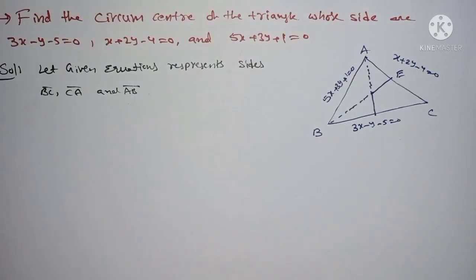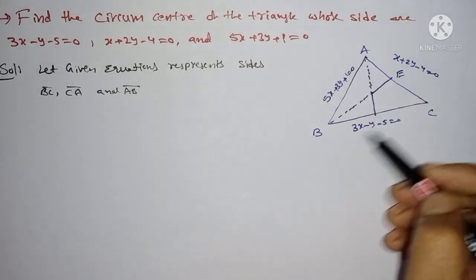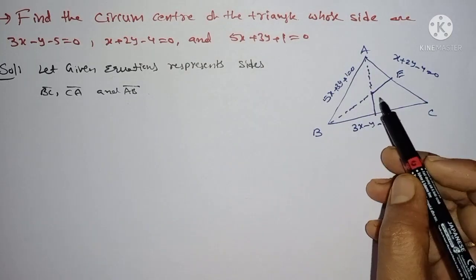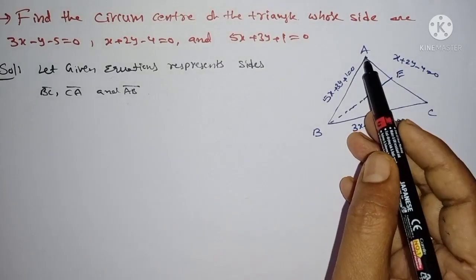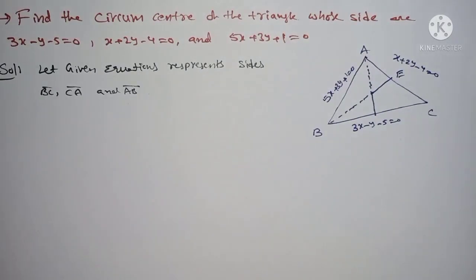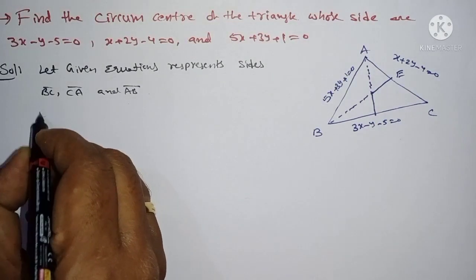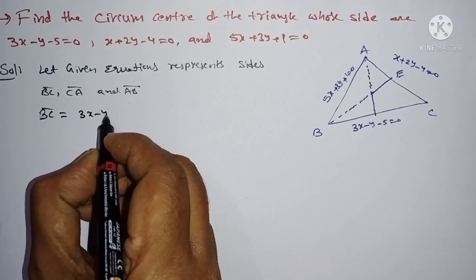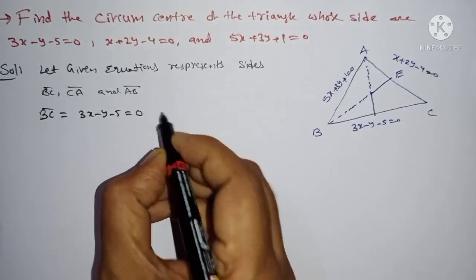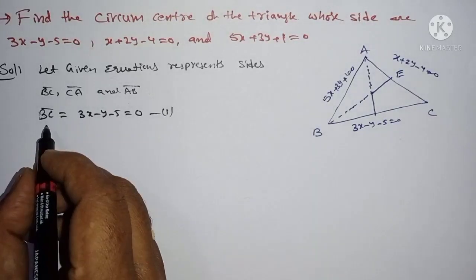3 sides are given. Therefore, let the triangle be ABC, and BC, CA, AB are the equations. I can write BC: 3x minus y minus 4 is equal to 0. This is the first equation.